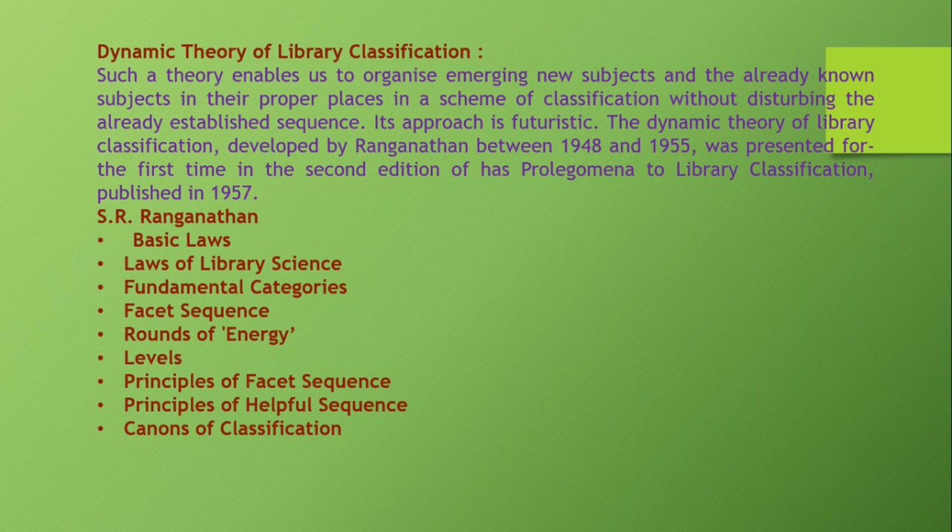Its approach is futuristic. The dynamic theory of library classification developed by Ranganathan between 1948 and 1955 was presented for the first time in the second edition of his Prolegomena to Library Classification, published in 1957.